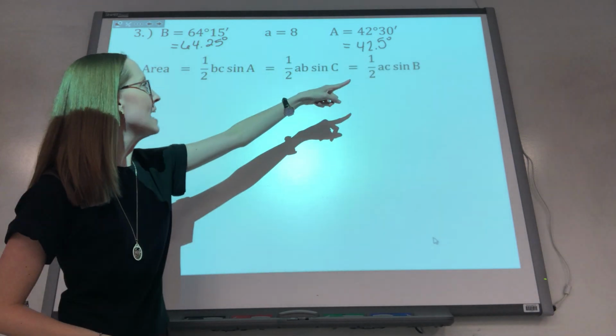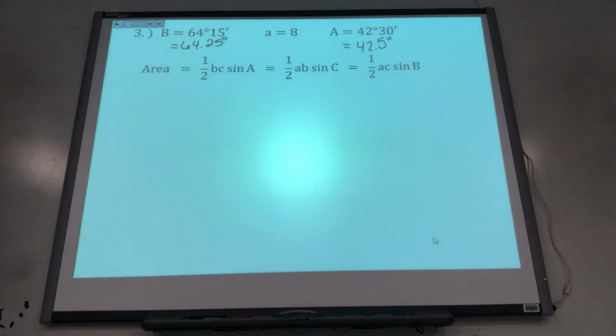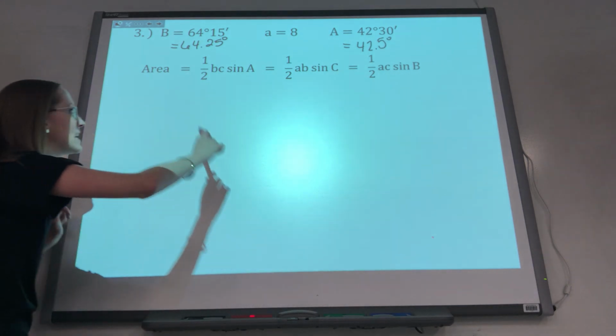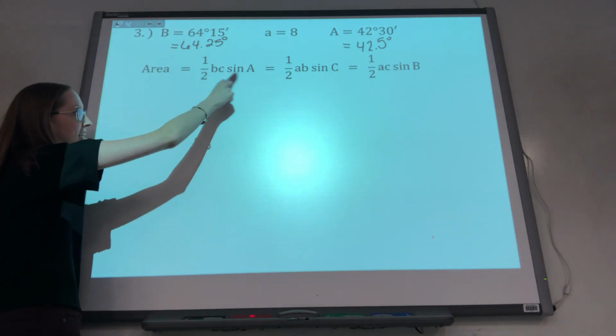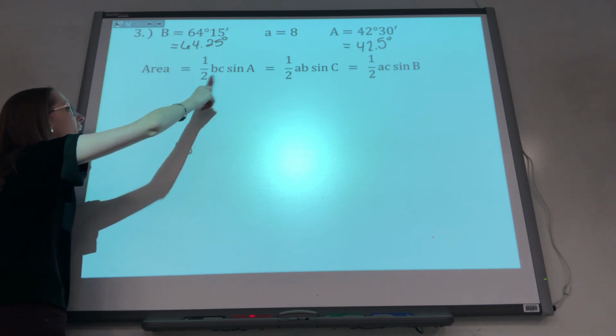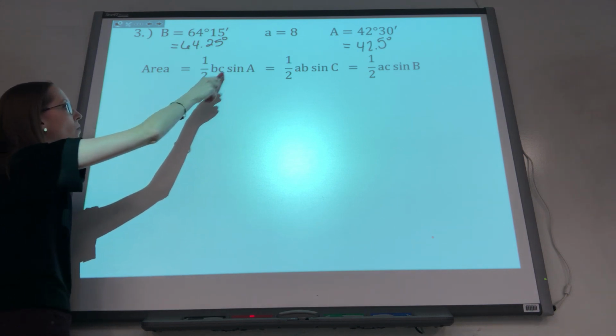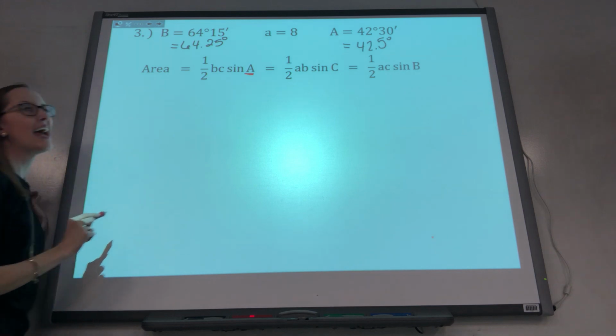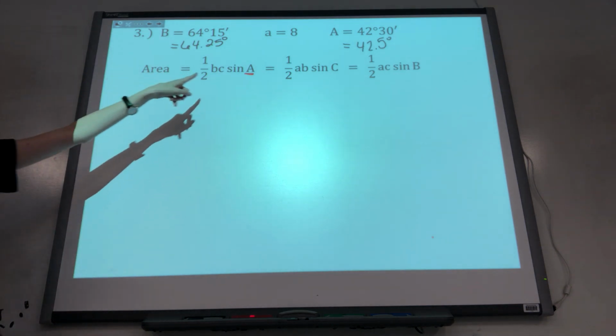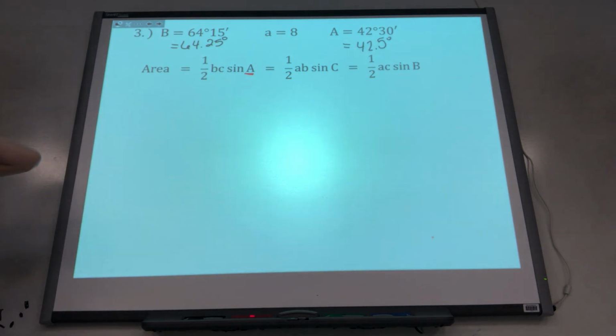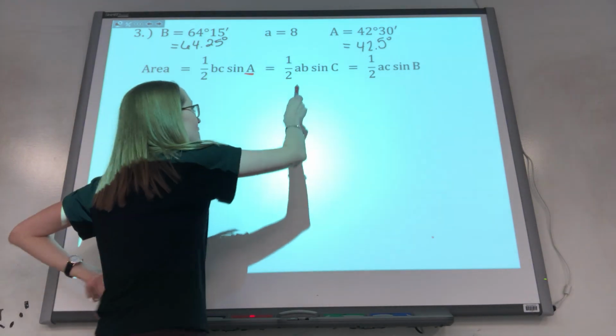Now, I'm looking at my area formulas, and I want to pick the one that fits what they have given me. If I picked this formula, I would only know big A. There's only one part of that formula that they've given me, so that doesn't sound too good.